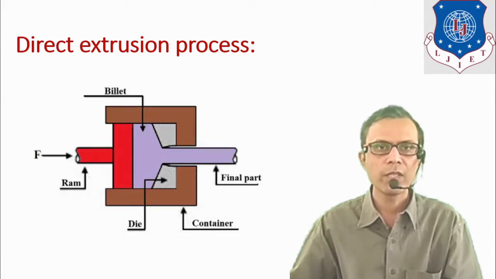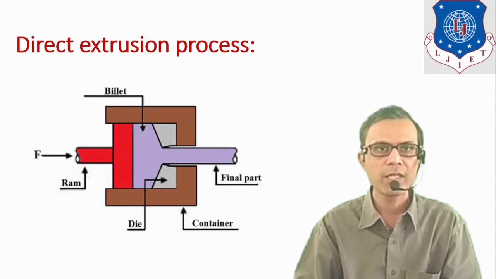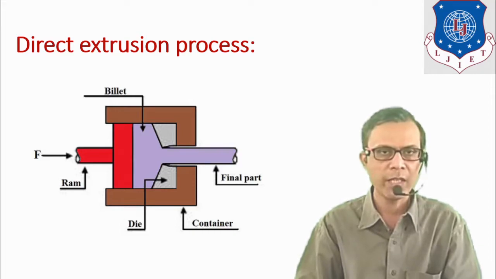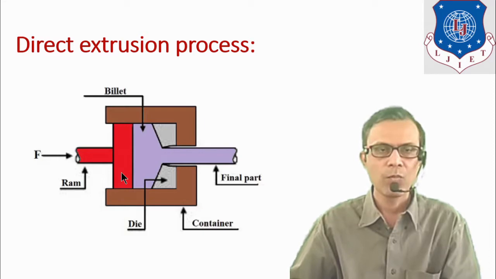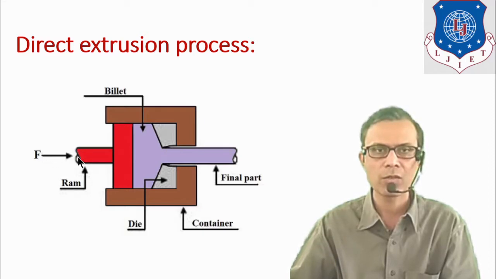How can you draw the diagram? This is a simplified diagram of the process. In a diagram, it is necessary to show each part of the setup. Here you can see the container is shown by this brown color. The moving ram or plunger is shown by this red color. Force is applied on this plunger in this direction, so it is shown by this arrow.